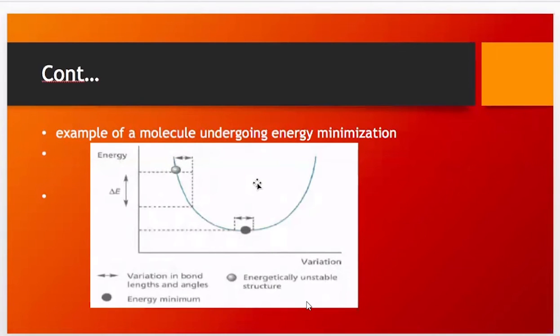There's also another component later on where I'll show you more about energy minimization. But basically, let's say this is your starting compound. After you've done the energy minimization, by the time it reaches this stage, it will have been stabilized compared to how it was at that position. I'll explain more later on.